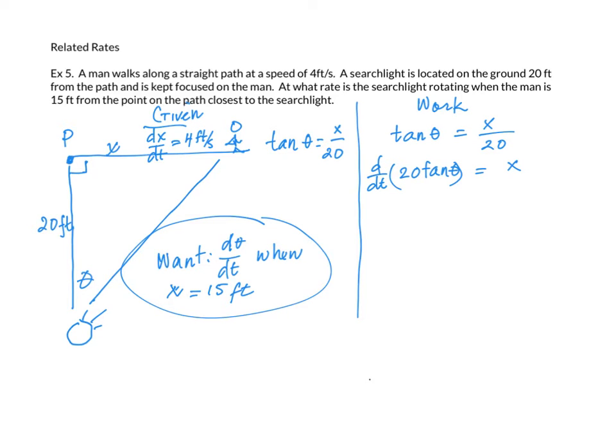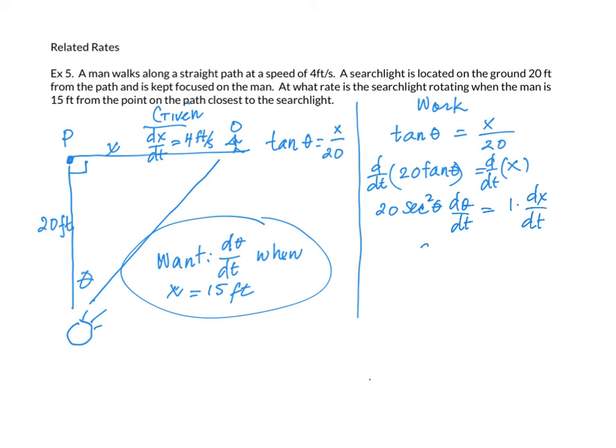So we take d dt of both sides. The derivative of 20 tangent theta with respect to time is 20 secant squared theta times d theta dt. The derivative of x is 1 times dx dt.